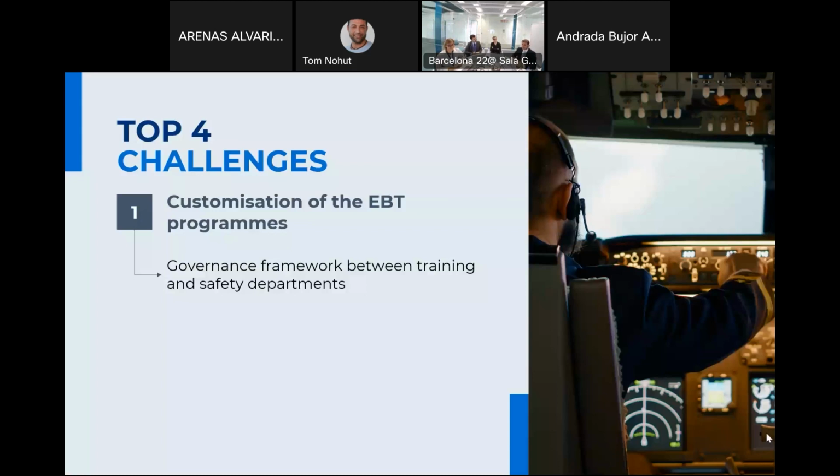FDM is vital for the EBT programs, and more emphasis should be placed on encouraging a close cooperation and integration between the safety department and the training department. That is mainly because the more mature operators have improved a lot in that area since the start of the implementation, and it is considered essential for the correct development and conduction of the programs.